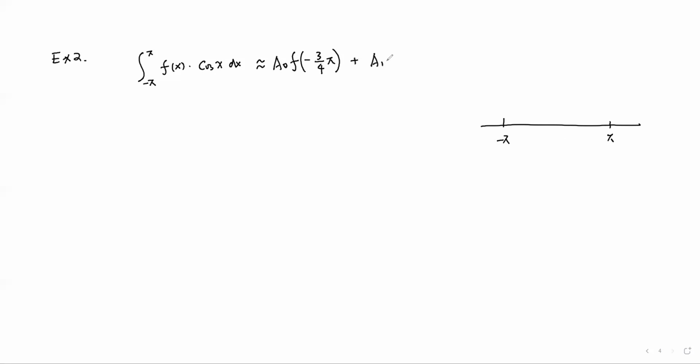Then A1. The second node I pick is -1/4 pi. And A2 at 1/4 pi, plus A3 at 3/4 pi.